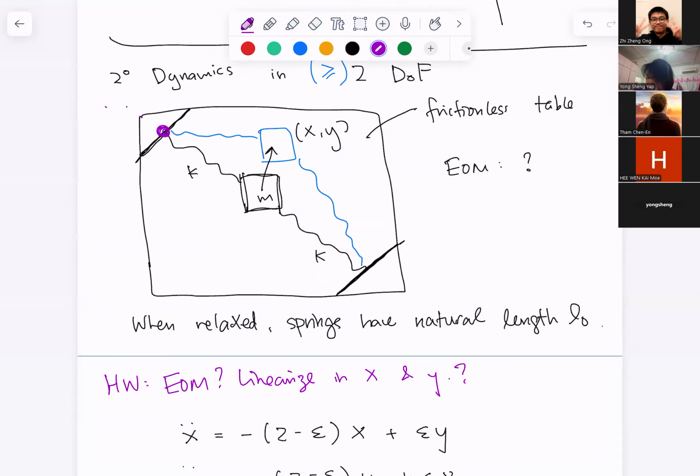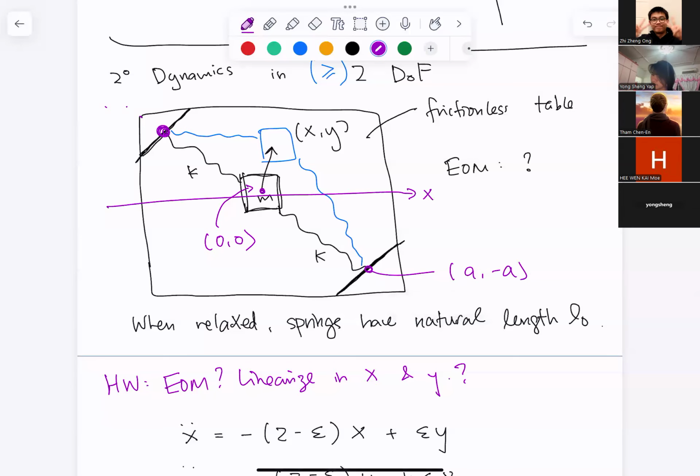So from this, if we put the equilibrium position of the block at 0, 0, then this pivot is at a, minus a. The x-axis is defined here, and the y-axis is defined like this. So this is at a, minus a, and this guy is at minus a.